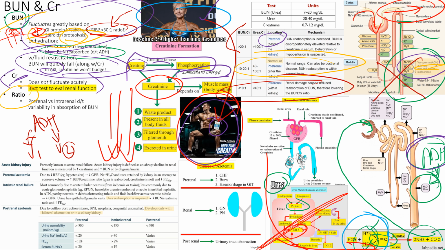So that's the piece with BUN creatinine, and we'll talk a little bit more about pre-renal and intra-renal, like urine osm. Makes sense, right? If I have ADH around, but it can't work on the kidneys because the kidneys are dying from intra-renal failure, is ADH going to work? No. Can the kidneys concentrate urine? No. The whole way you concentrate urine is with ADH and aldosterone.